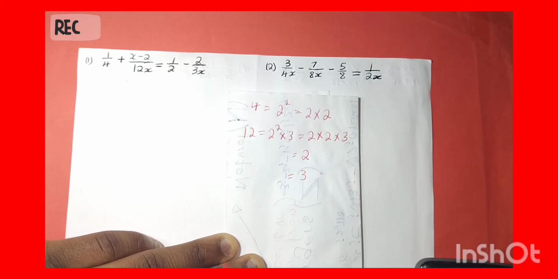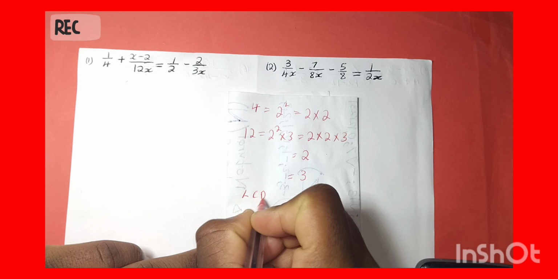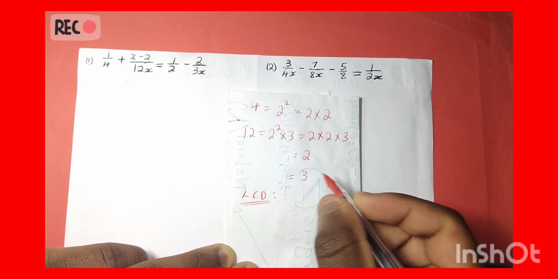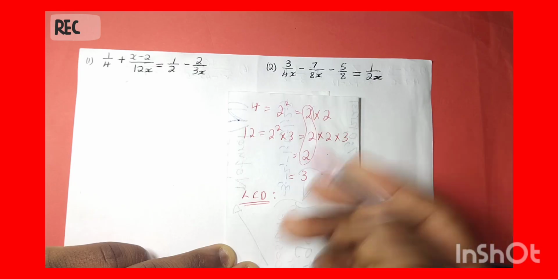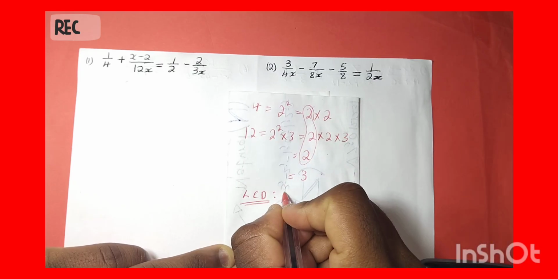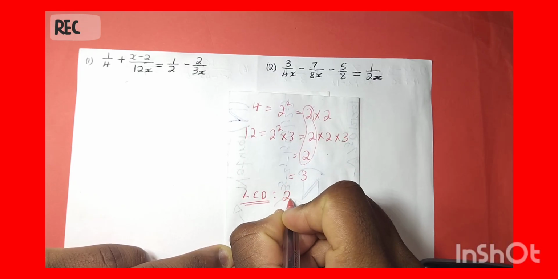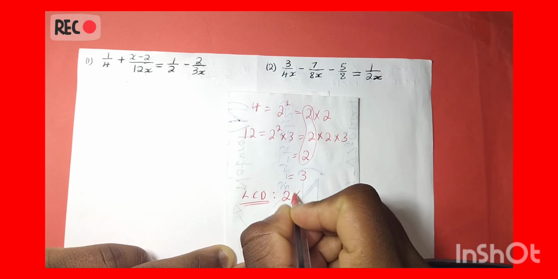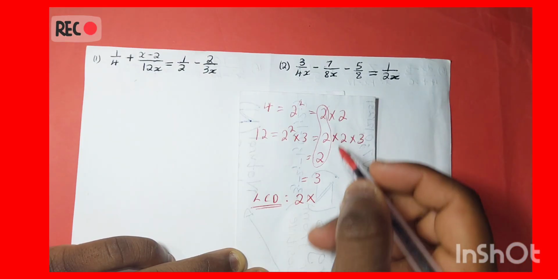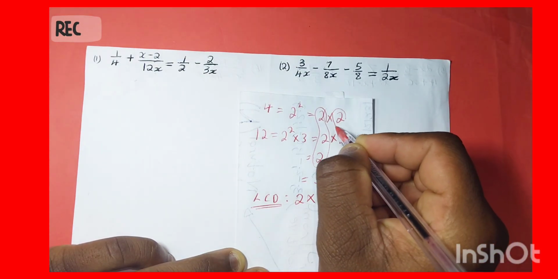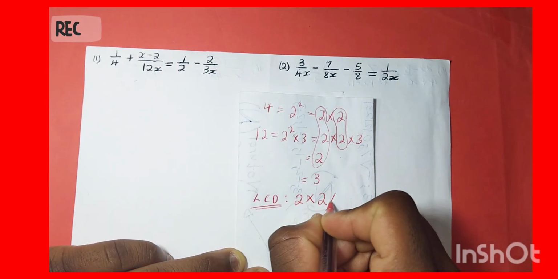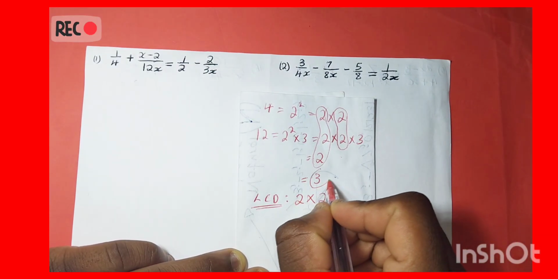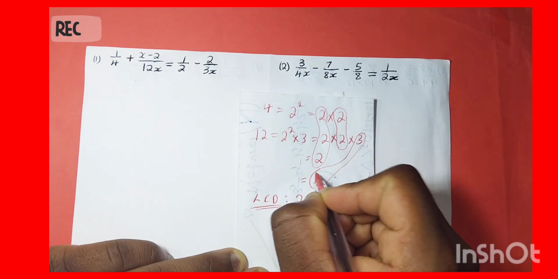Do you see? So it means that when you take your LCD, it will become like this. What is repeating? You will count it once, meaning you just take that 2 and count it once. Then you multiply by this 2 there, and you also count it once. Then you also multiply by 3 and count it once.